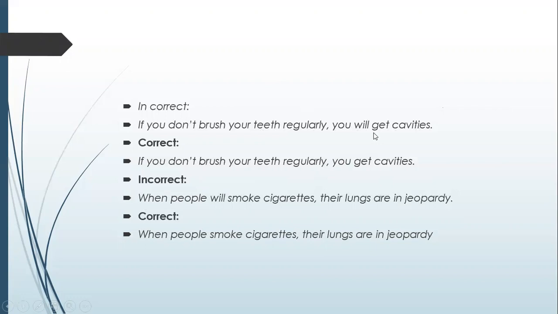We have learned that in the zero conditional sentence, we use simple present tense in both clauses. So if this clause contains simple present tense, then over here it should also have been simple present tense. The correction: if you don't brush your teeth regularly, you get cavities.